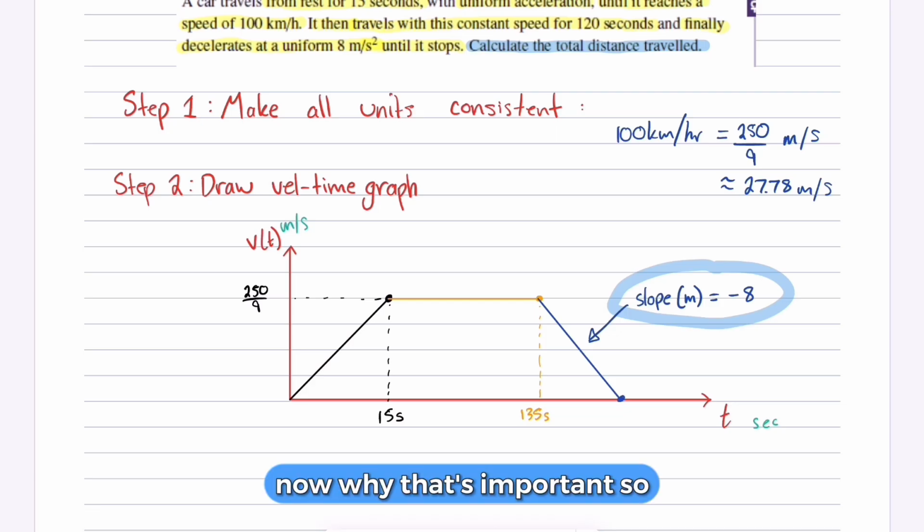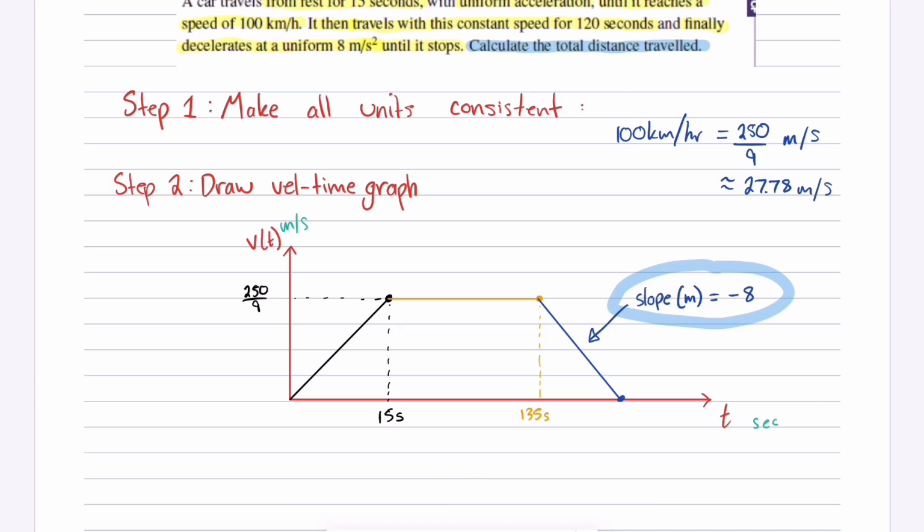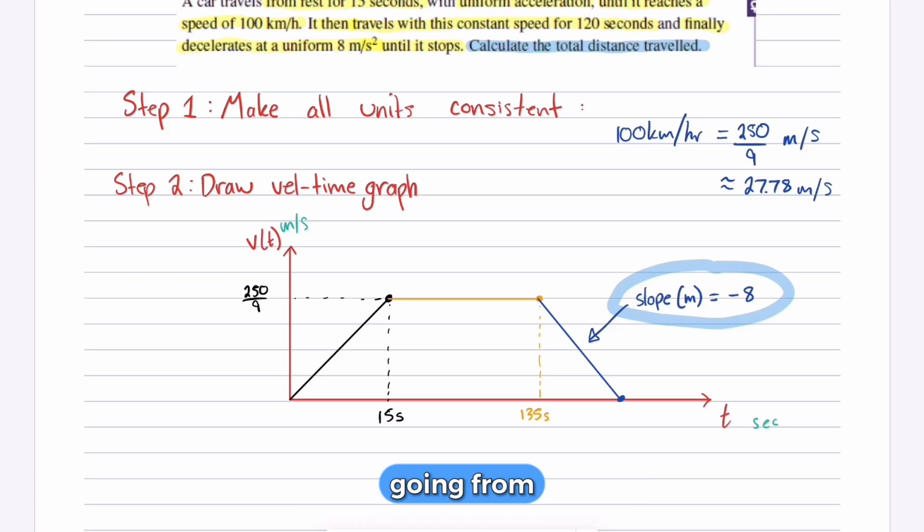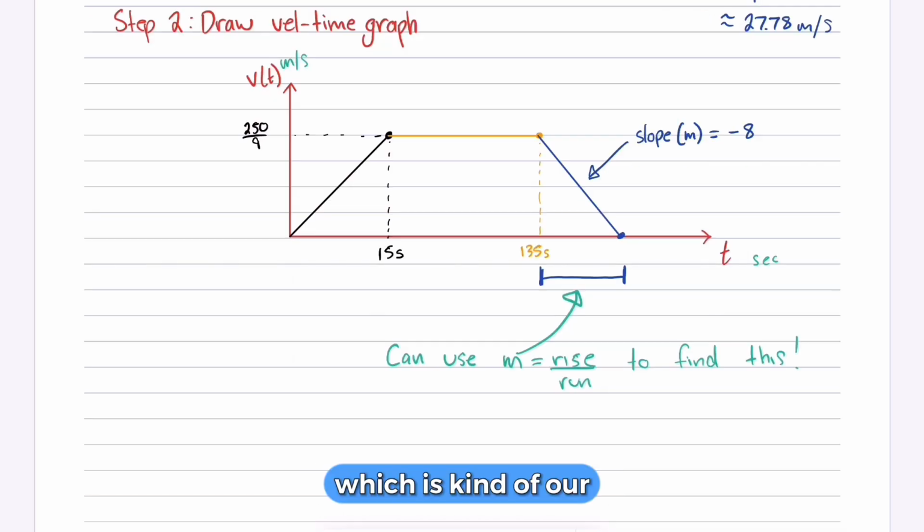Now, why is that important? So this slope here, the slope of -8, and also the fact that we're going from 250 over 9 meters per second to 0, right? Which is kind of our rise or our fall in a sense.